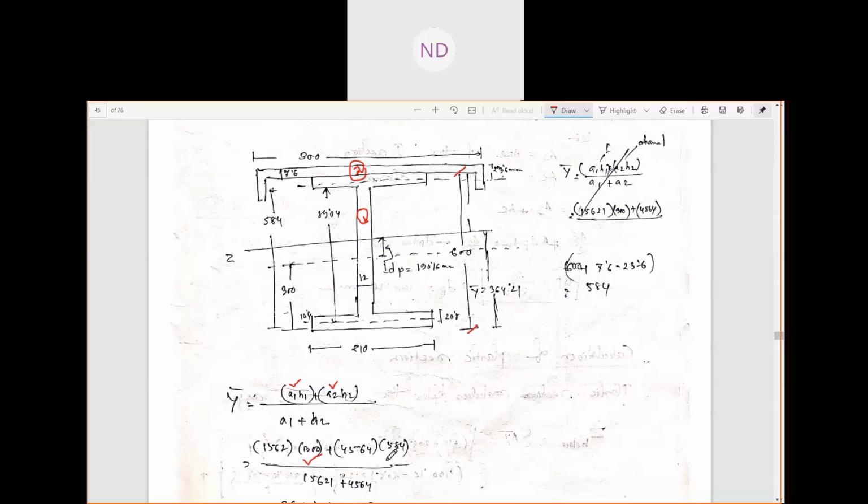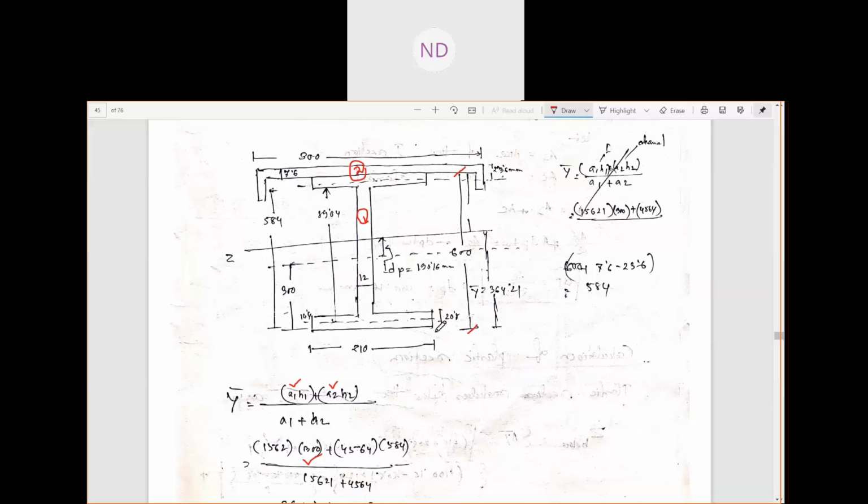Now you have your H2. What is your H2? H2 is the CG of this channel section, because the number 2 we have considered is the channel section. So H2 will be the CG of this channel section from the bottom of the built-up member.